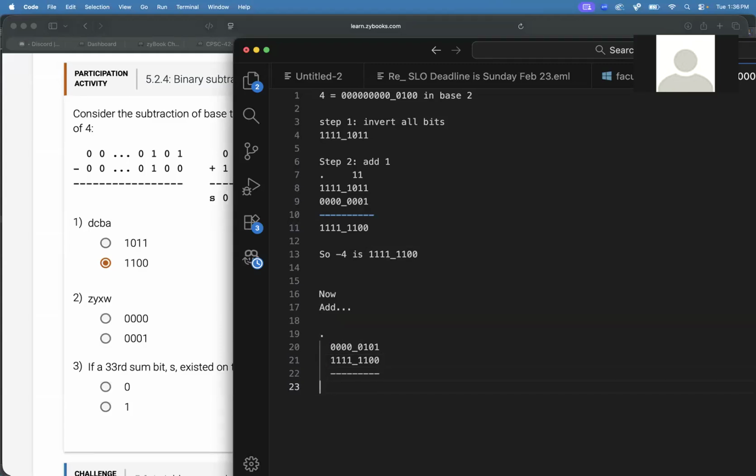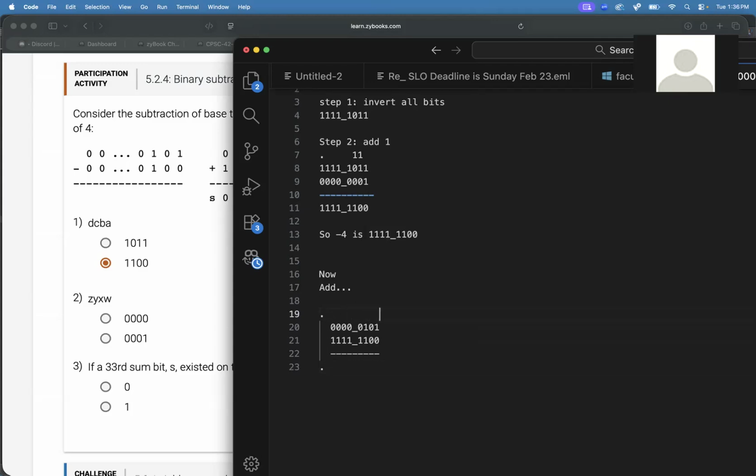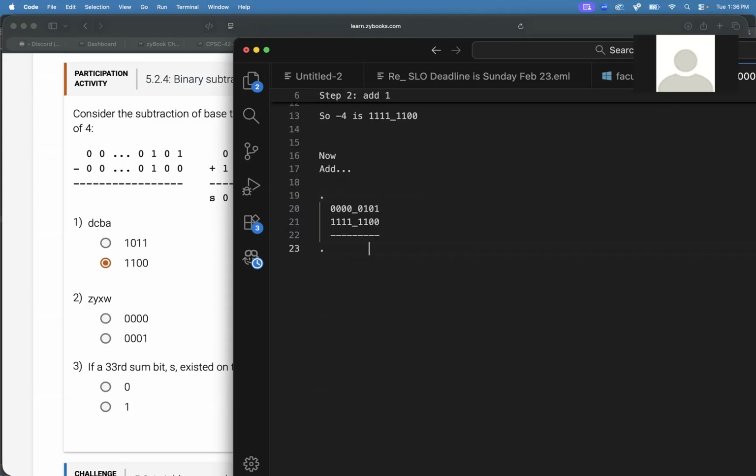Okay. And now we can add using regular binary addition here. So we have 1 plus 0 is 1.